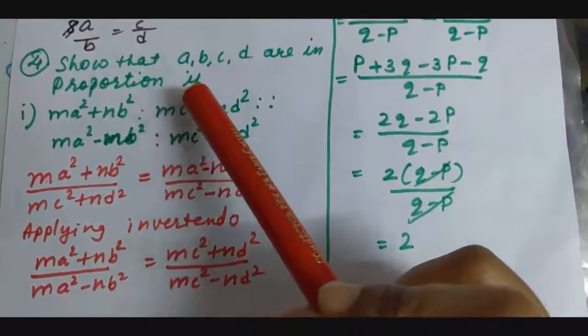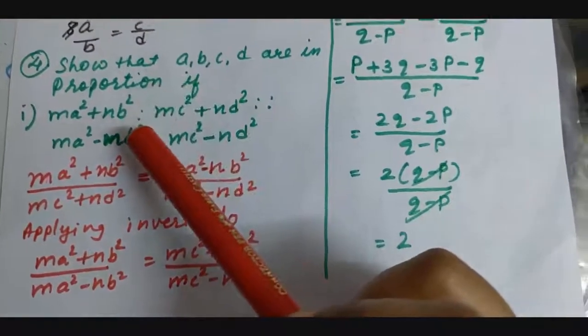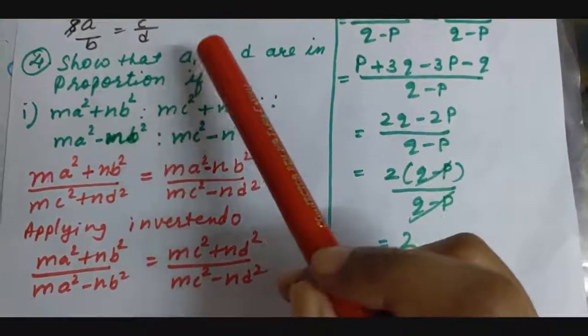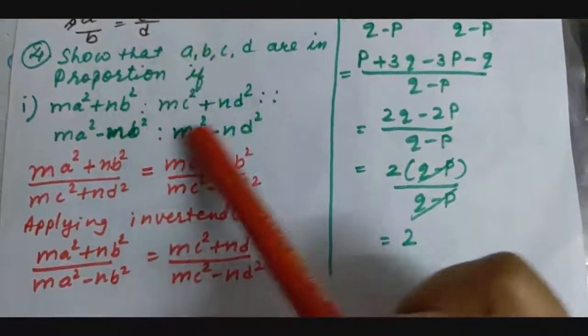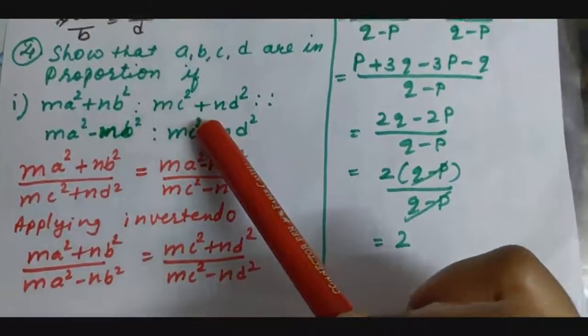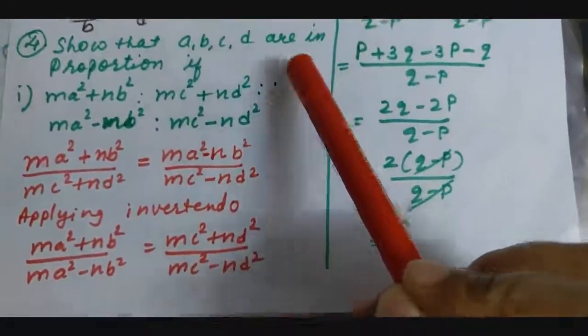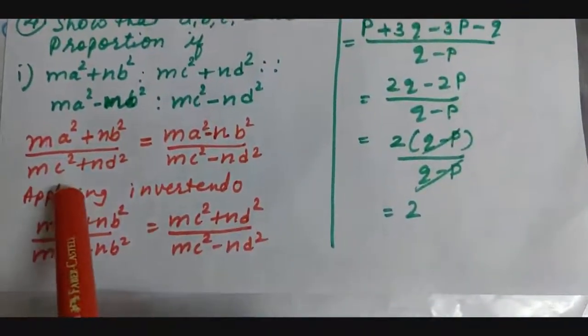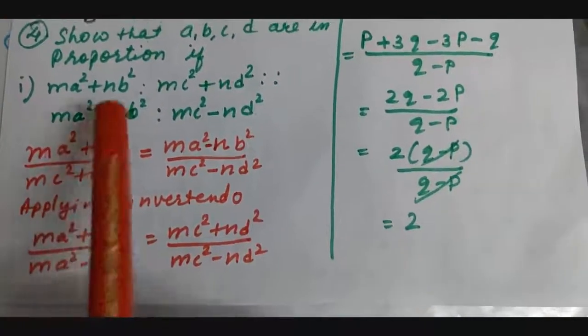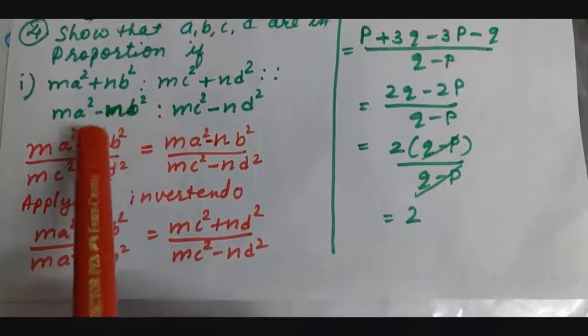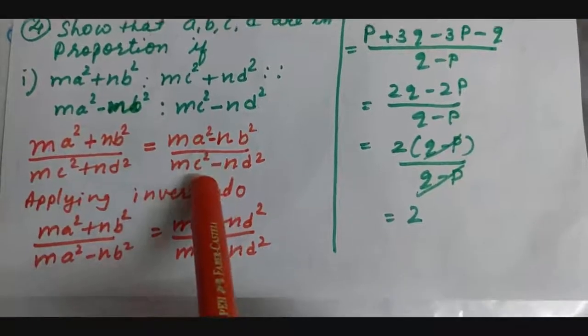Then we want to show this. If this is given, this part you have to use, and you want to prove that a, b, c, d are in proportion. So first I am taking the given part here and I write it in fraction form.